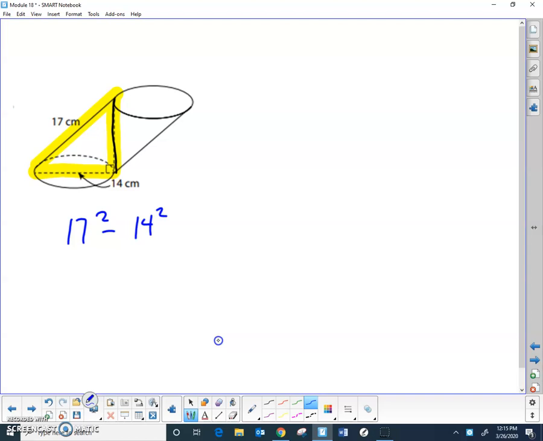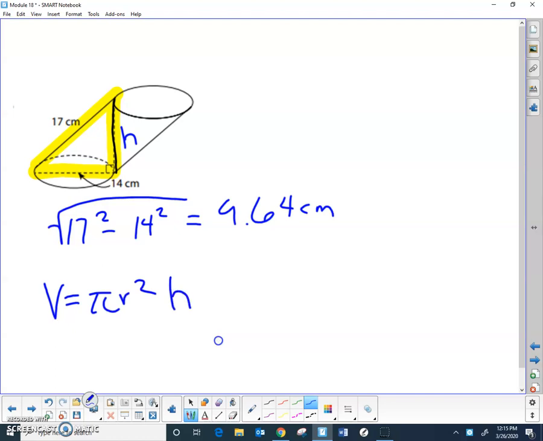Minus 14 squared, and the square root of that will give me my height, which ends up being approximately 9.64 centimeters.